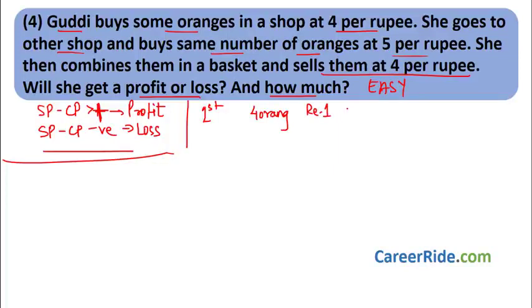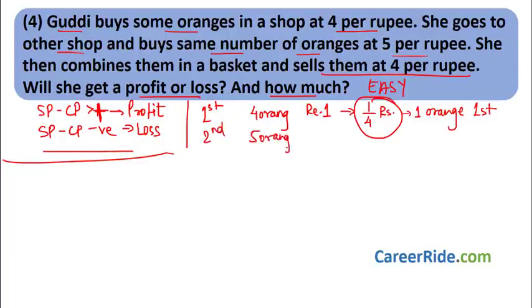So the price of 1 orange would be 1 upon 4 rupees, correct? So this is the price of 1 orange in the first shop, right? In the same way, in the second shop she got 5 oranges for 1 rupee, and the price would be 1 by 5 rupees for 1 orange. So this is the price of 1 orange in the second shop.